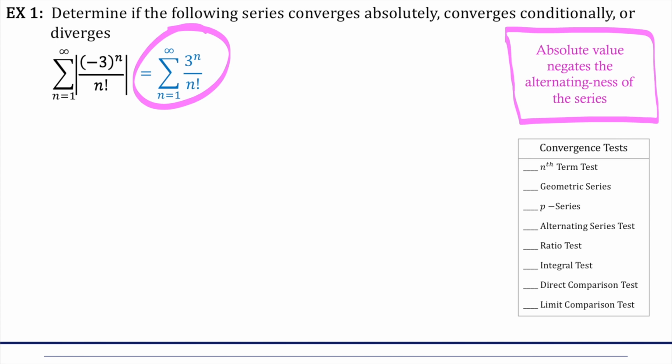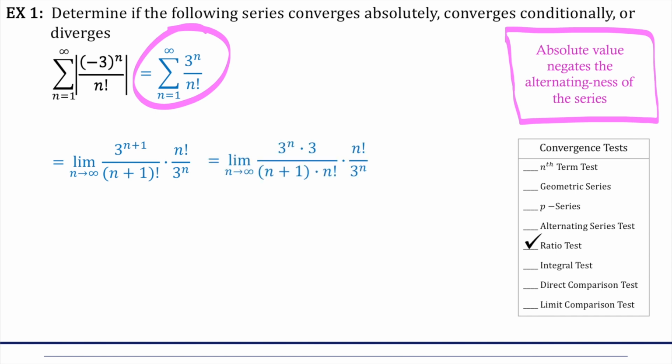I think the best one for this is going to be the ratio test. So I need to get my n plus 1 term divided by my n term. And we can clean that up a little bit and start canceling some stuff out. And the limit as n approaches infinity of 3 over n plus 1, that's 0, which is less than 1.